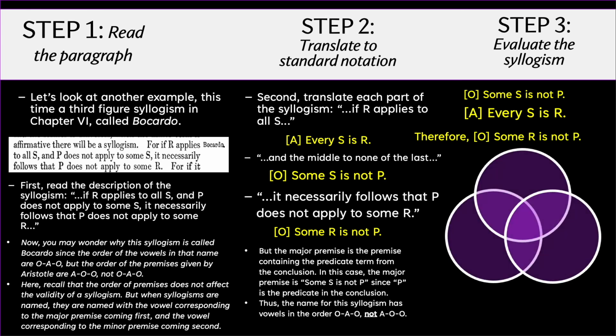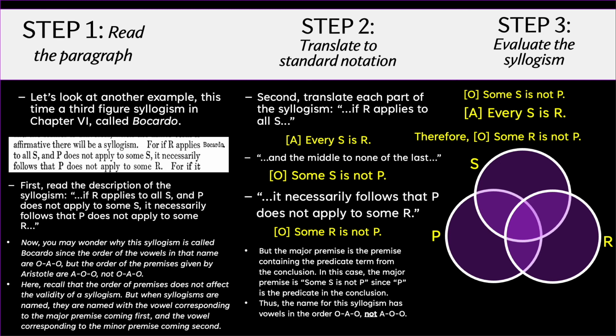Once again, let's put together our three-circle Venn diagram. And let's label the circles according to the three terms in our syllogism, P, S, and R. Now, you want to be careful with any syllogism that contains a particular proposition in one of its premises. So, our major premise is an O proposition, but O propositions are particular negative propositions.